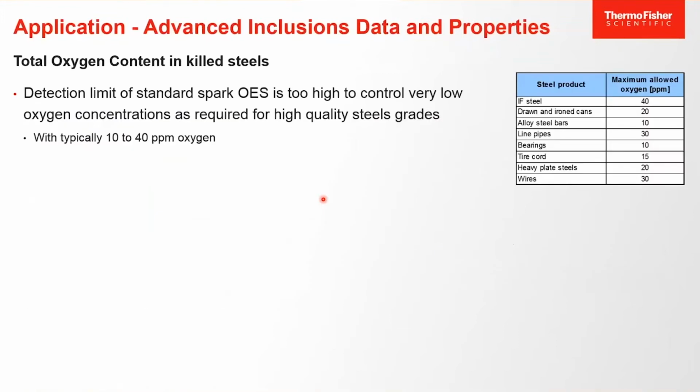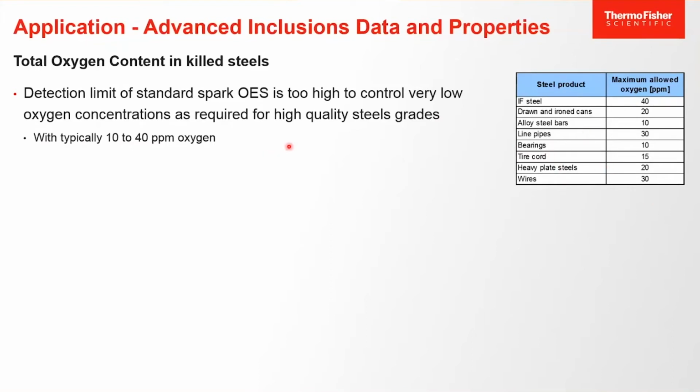I mentioned total oxygen content. With this technique, optical emission inclusion analysis offers a very interesting possibility to determine extremely low levels of oxygen, which are typically not possible with the standard calibration method. Examples of types of steel where oxygen has to be measured at very low concentration are given in this table.